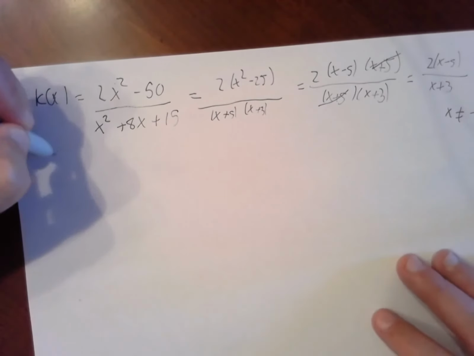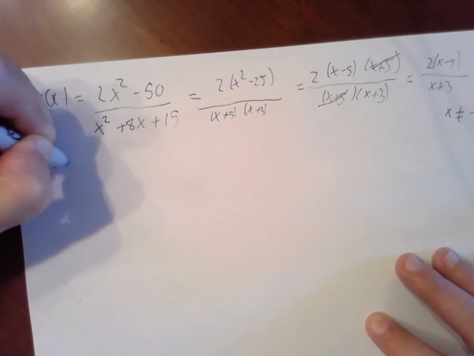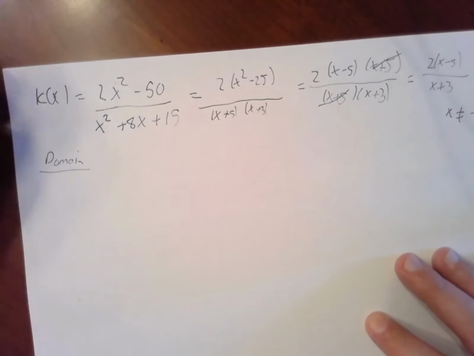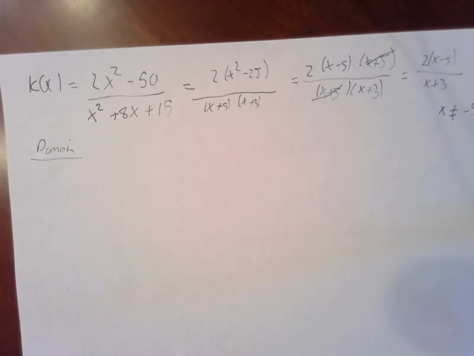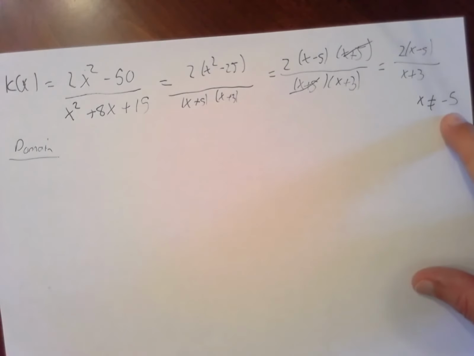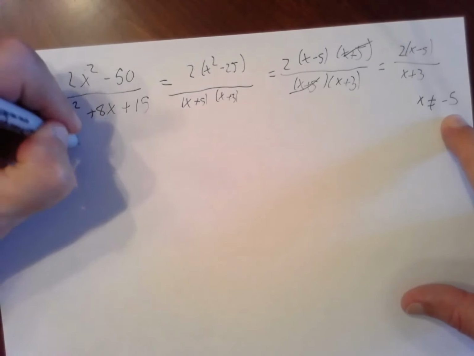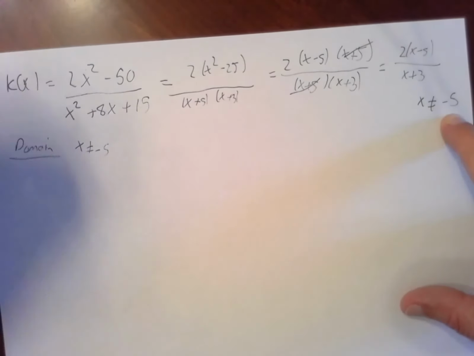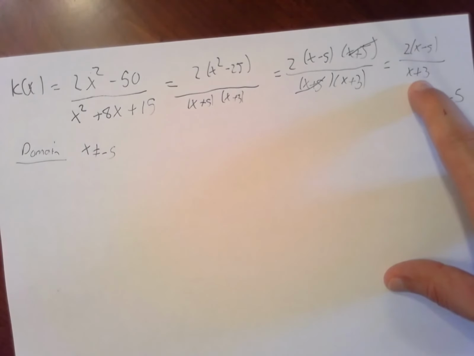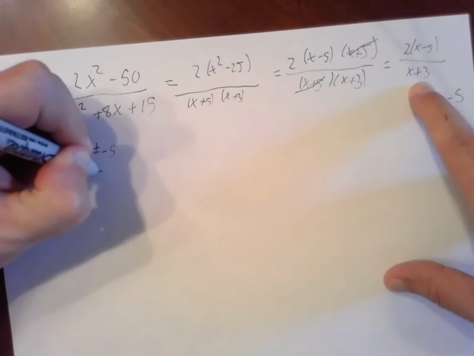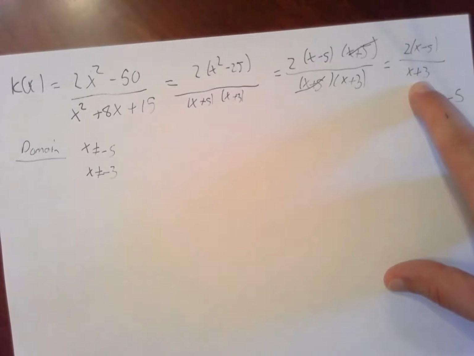Okay, so it's the same process. I find my domain. Domain is anybody that makes the bottom 0 is bad. I've already found one, negative 5. X is not allowed to be negative 5. I can just glance and see who the other one is. Negative 3. I have two bad guys.